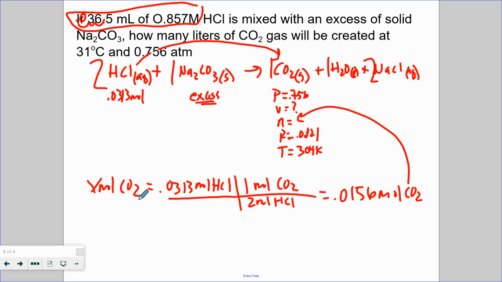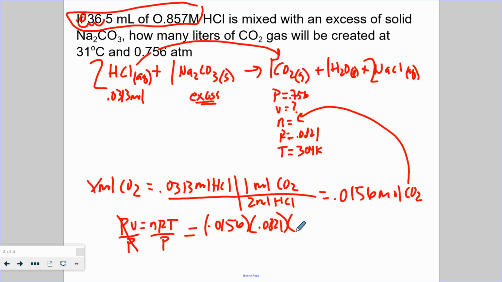I'm going to stick that right there. And so PV = nRT. I'm trying to find the volume, so I'm going to divide by pressure. So volume is number of moles, which I just found, 0.0156 times R, 0.0821 times T, 304 Kelvin, divided by the pressure, 0.756. Man, look at us go.